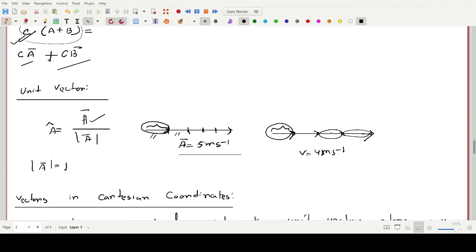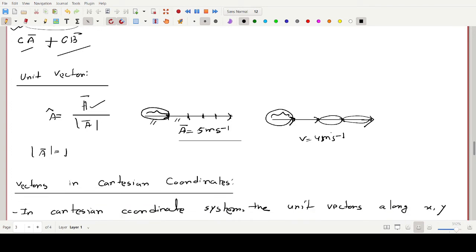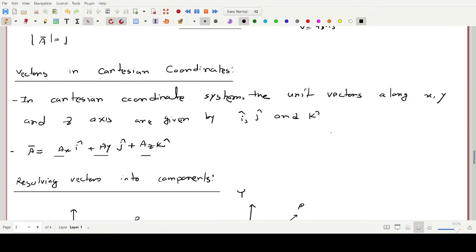So far we have discussed vectors without using a coordinate system, and it makes complete sense. We do not need coordinate systems to deal with vectors, but the use of coordinate systems may make calculations much simpler. That is why we need to know how to deal with vectors in Cartesian coordinates.